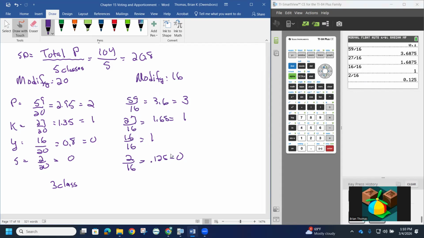So notice how, because we're rounding down, I needed to move the divisor enough to make these numbers go up another whole number. Since this one's already right there at it, I know I don't need to do much there. But then if we look down here at the 0.8, we kind of saw that to make it move to the next whole number, if there's a 16 on the top, I need a 16 on the bottom, and that would make that move up to a 1 as well.